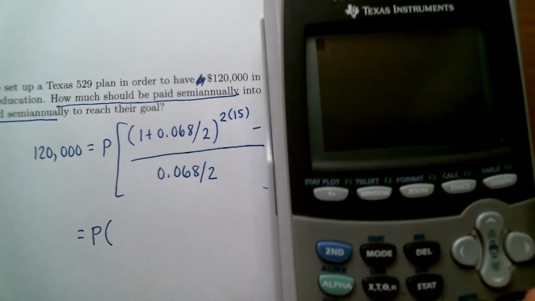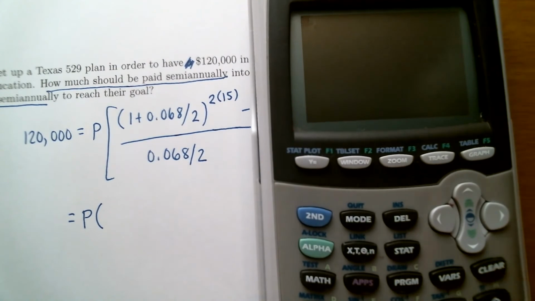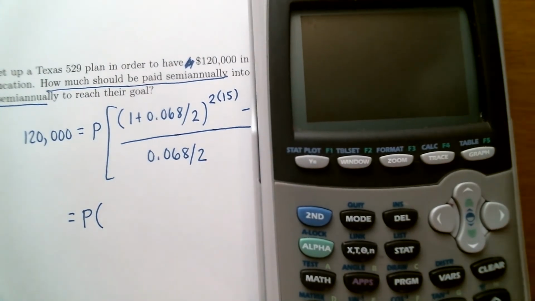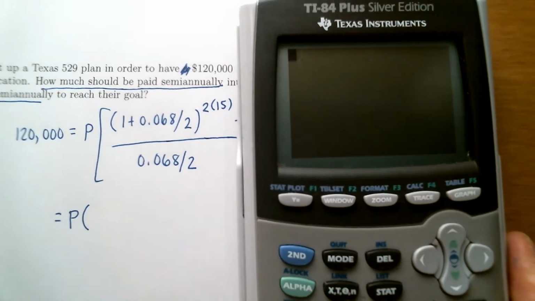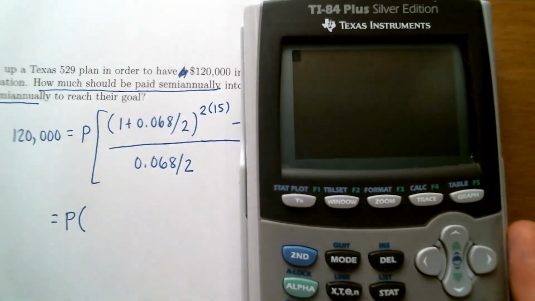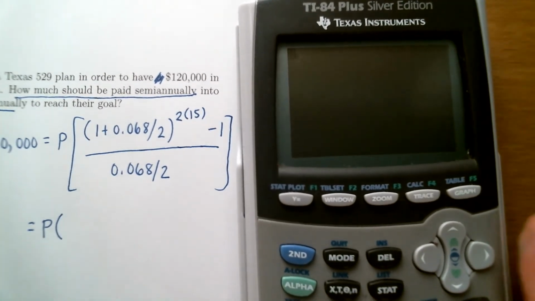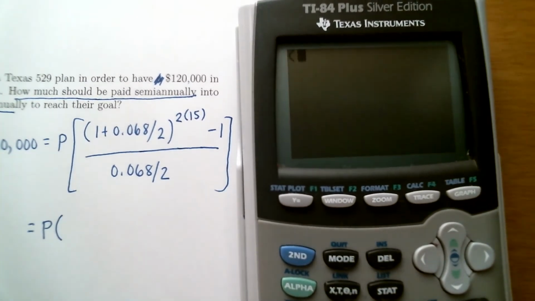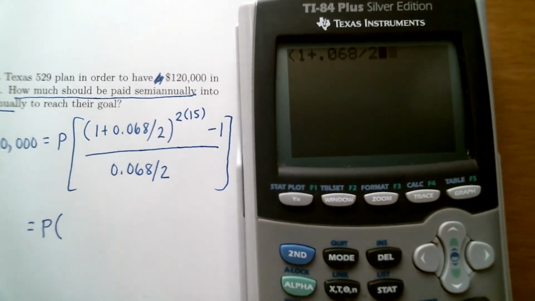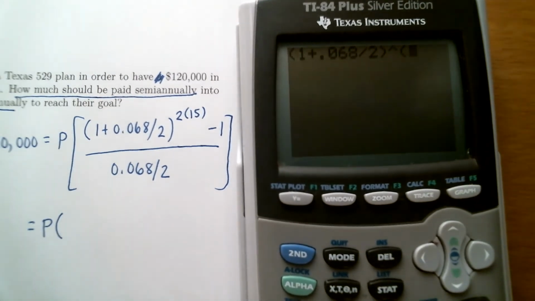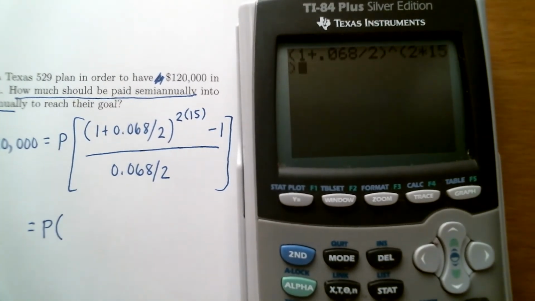So let's take our calculator here. Let's see if that makes it better. Not really. Okay. I'm just trying to get it to show up for you. So what do we got? Start with the numerator: open parentheses, 1 plus 0.068 divided by 2, raised to the 2 times 15 power, close parentheses, subtract 1.